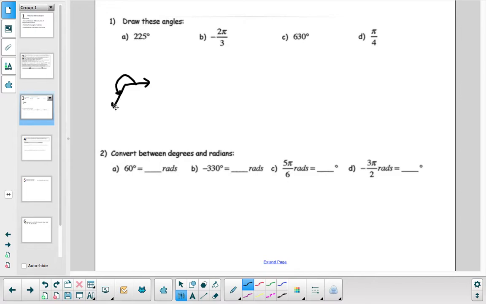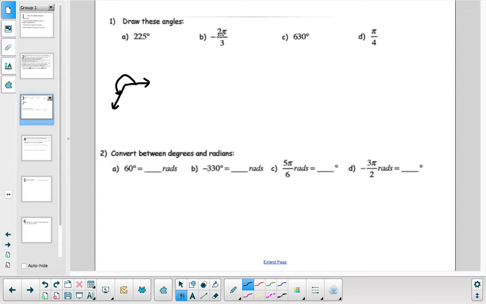So basically 180 plus 45. And this is what any angle should look like if it's not in a shape: 2 rays starting at the same vertex with the angle being marked. And the reason for that is there really could be an infinite number of angles that fit into this scenario. So you just want to tell people what you're working with.